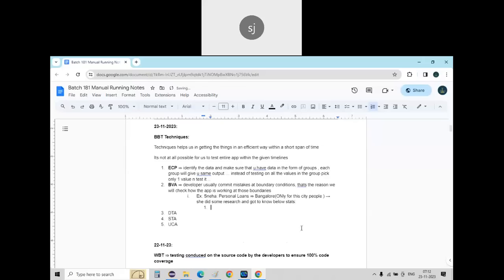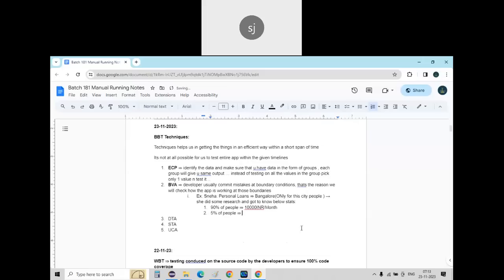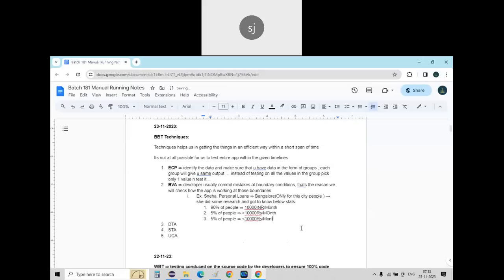What are all those statistics? 90% of the people in the city have a salary of 10,000 Indian rupees per month. 5% of the people have a salary greater than 10,000 rupees per month, and only 5% of the people have a salary less than 10,000 rupees per month.